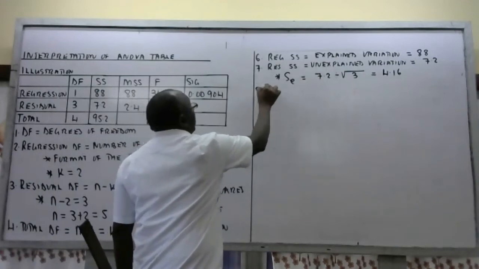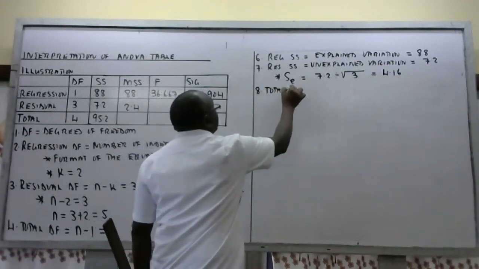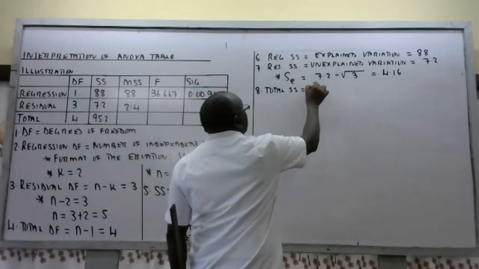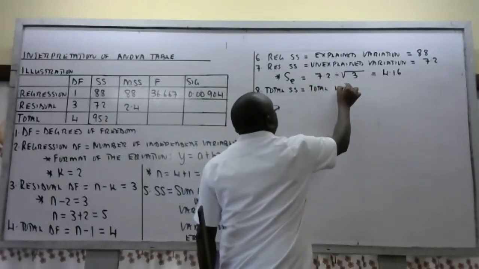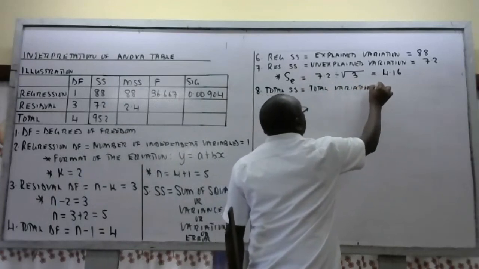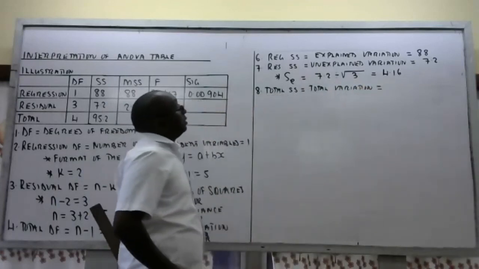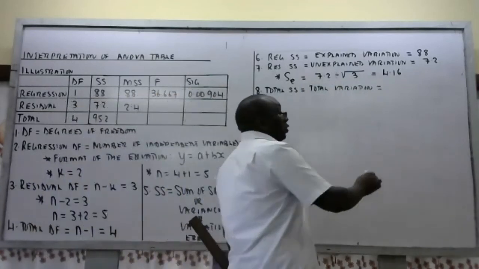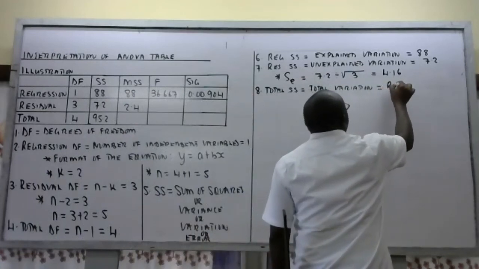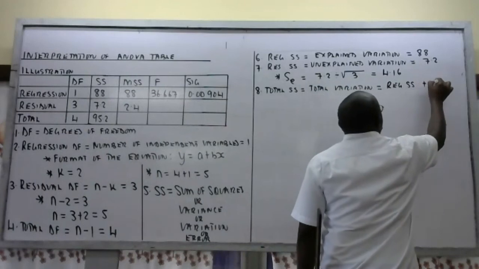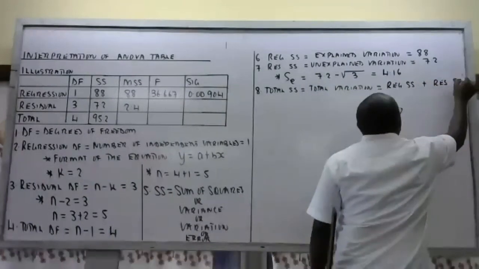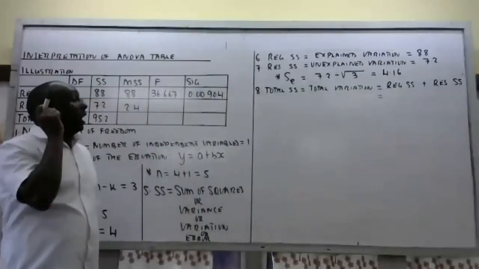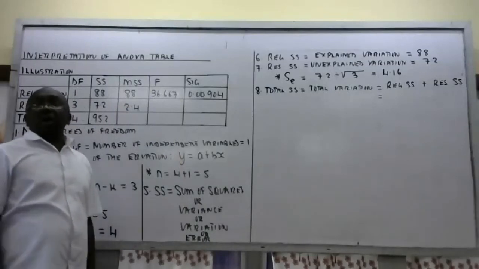Then point number 8 is total SS. And total SS is simply total variation. And this total variation, you get it as the regression SS plus residual SS.